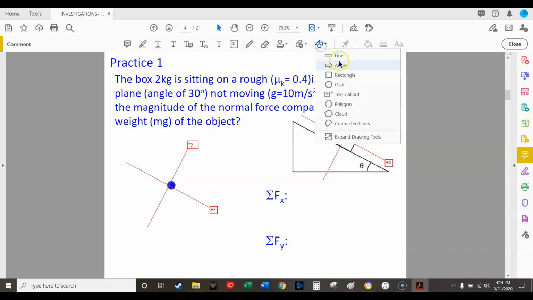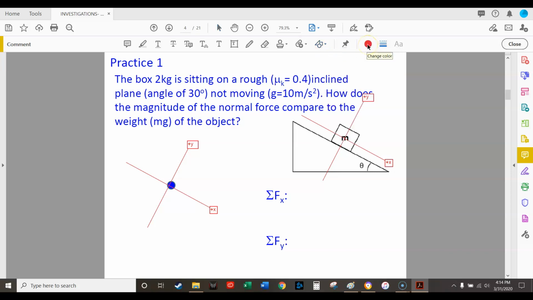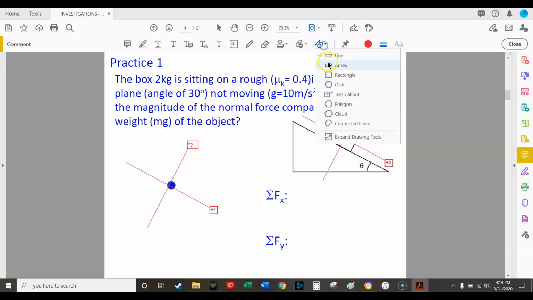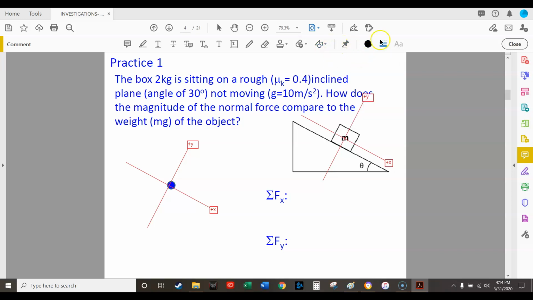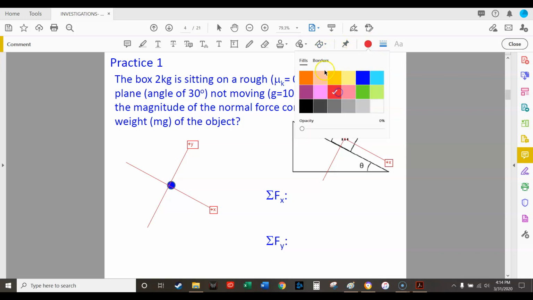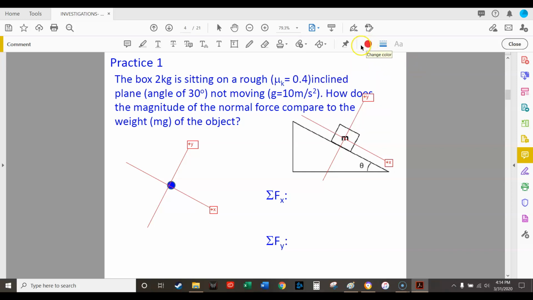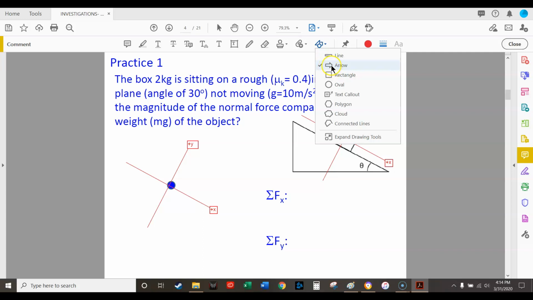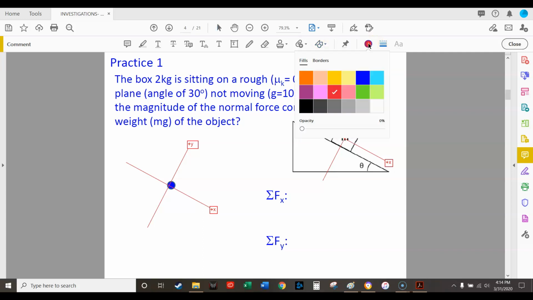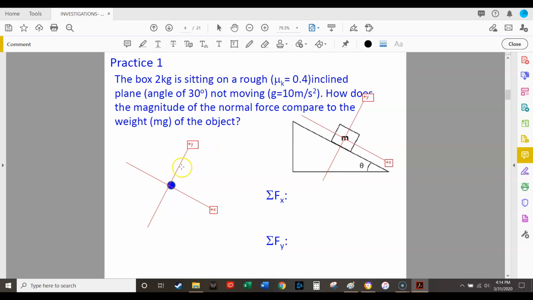In the shapes, that will probably also be red. You're going to want to click on the shapes, on the arrow, and it was originally set to red. Change the fill to black, change the border to black, and now I'm going to be able to draw black arrows.